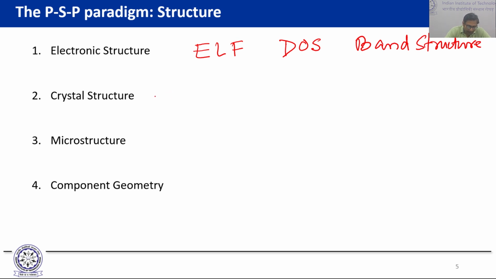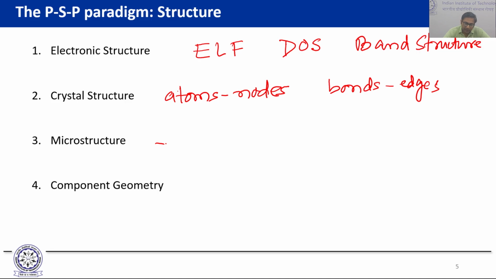You could also have structure represented in terms of the crystal structure, and as we have discussed quite extensively, the crystal structures are where you can think of them as graphs, where your atoms are acting as nodes, and then the bonds between the atoms, we think of them as edges. Then of course, when you talk of structure, it could be microstructure, and you can have features such as, let's say, the grain size.